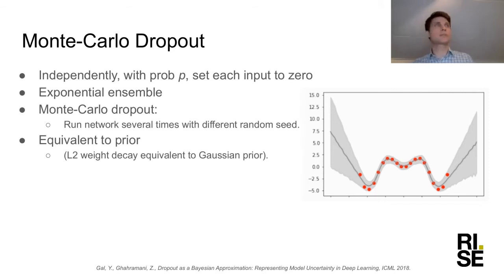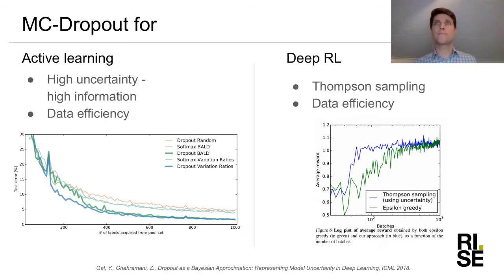The authors have also shown that this is the same as imposing a prior on the weights, similarly to how L2 weight decay is equivalent to having a Gaussian prior. In the paper, they try the Monte Carlo dropout for active learning. They have a pool set, and they choose examples from this pool set based on the information given by the Monte Carlo dropout network.